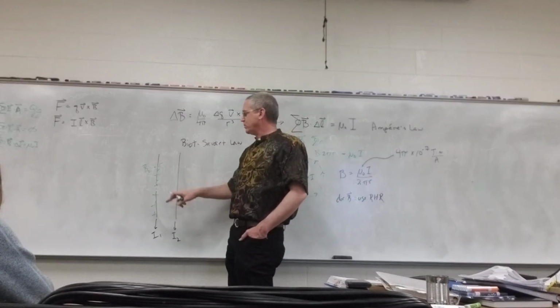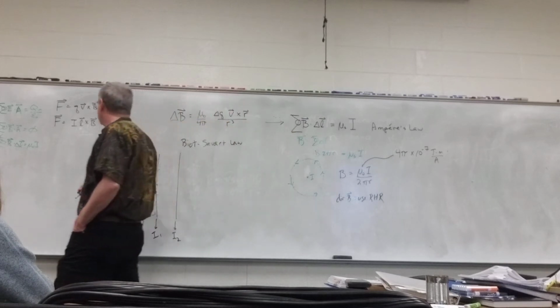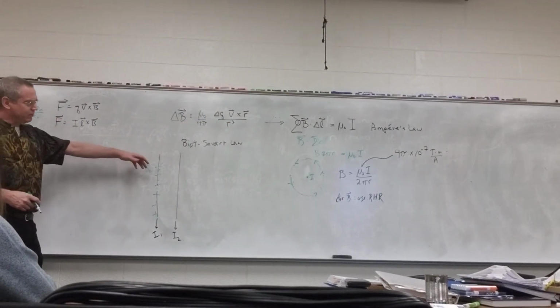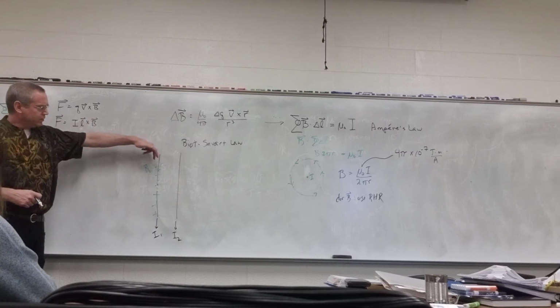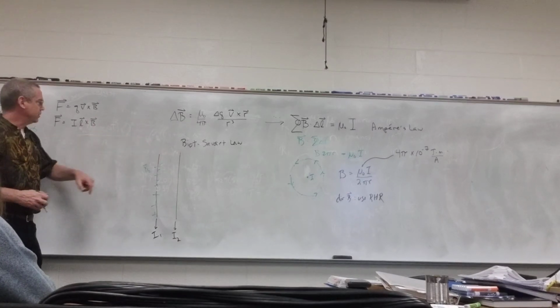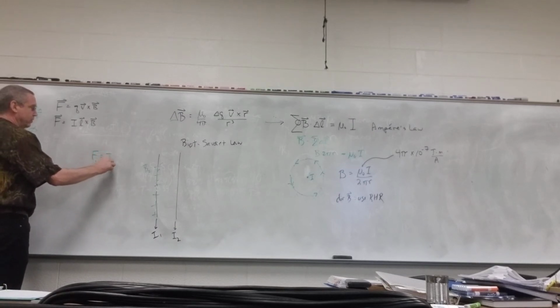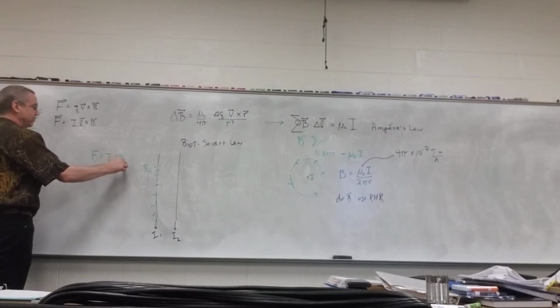I know that the force on this wire here is represented by this. For this specific problem, and for most problems like this, the magnetic field is perpendicular to the current. And so the force on 1 is going to just be the current of 1 times the length of 1 times the magnetic field from 2.